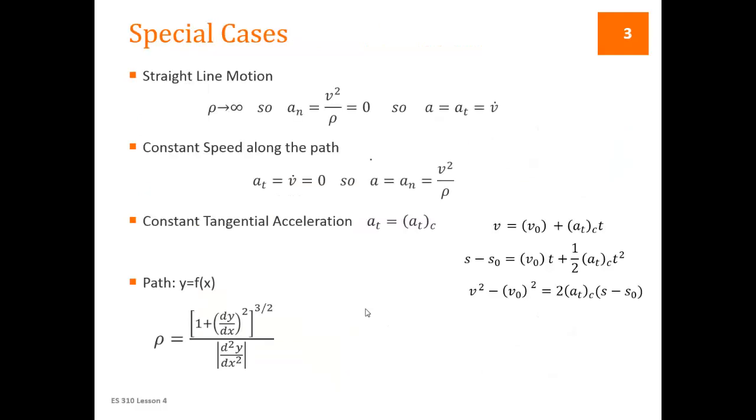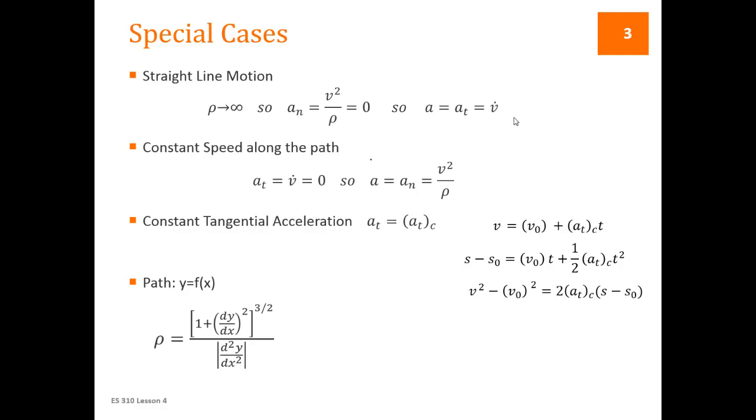So let's take a look at some special cases. If we have straight line motion, we're not going around a curve, so rho is going to equal infinity. If that's true, the normal component of the acceleration is going to be roughly equal to 0. So a is just the tangential part, which is v dot. This is what we would expect, right?